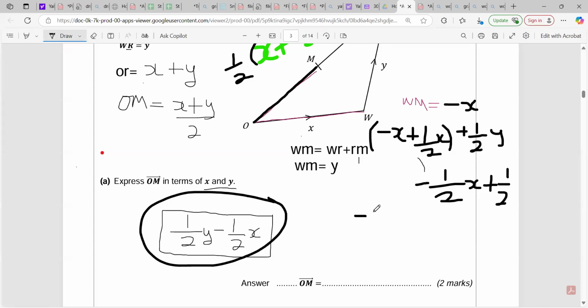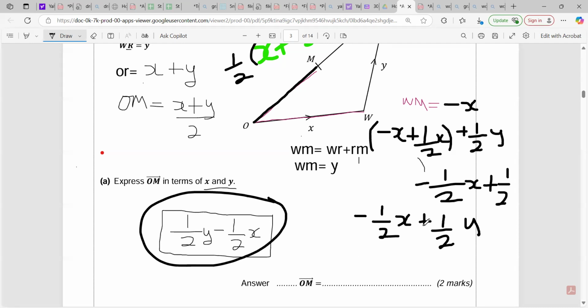Sometimes it doesn't work out to be the same. I've seen a question where if you go one route, you don't get the same answer as another route, but both of them are correct. What happened was it was a proportional one, like a ratio, like one side was 3 and one side was 2. But if we work this out, negative 1 plus a half is negative a half, and of course we have plus a half y. It doesn't matter which route you take, you will end up with the same answer in this case.